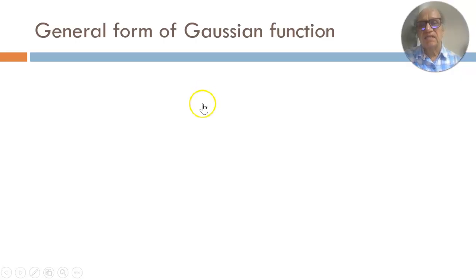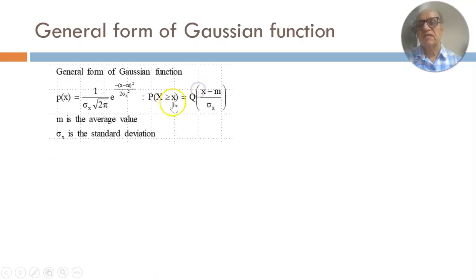Now that was a normalized Gaussian density function. Let us see the general form of the Gaussian function. It looks like this. See, in the normalized version m was 0, but if m is the average value of the random variable, then this gets changed to (x minus m) whole squared rather than x squared. Also, sigma x is the standard deviation of the random variable, and in the normalized version this was assumed to be 1.